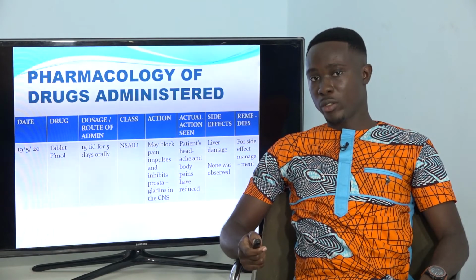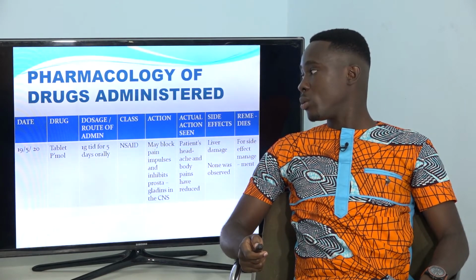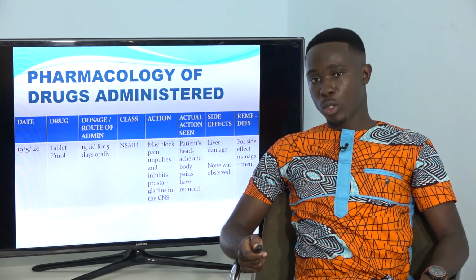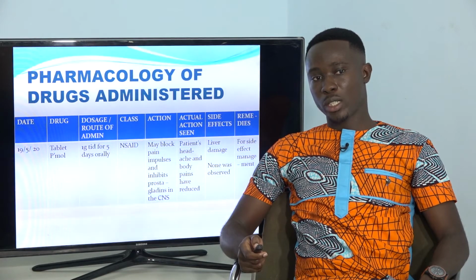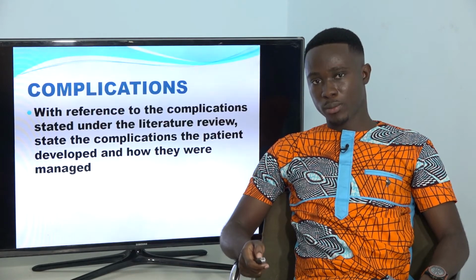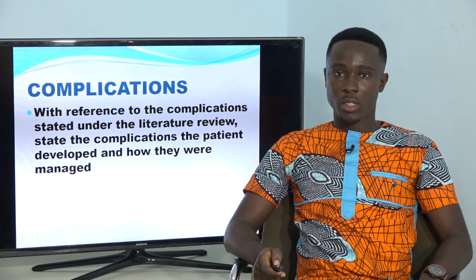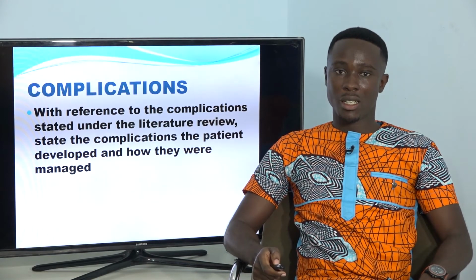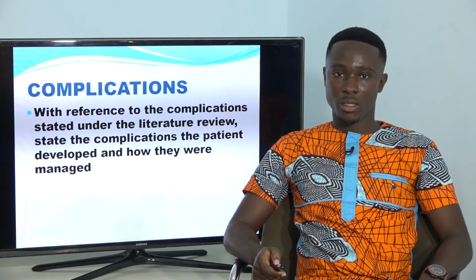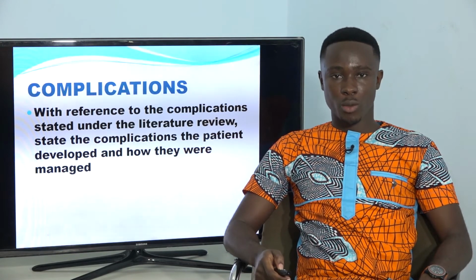There are so many drugs, so you state and you have tables for all the medications that were administered to your patient. Then move on to complications. With reference to the complications stated under the literature review, you state the complications the patient developed and how they were managed.